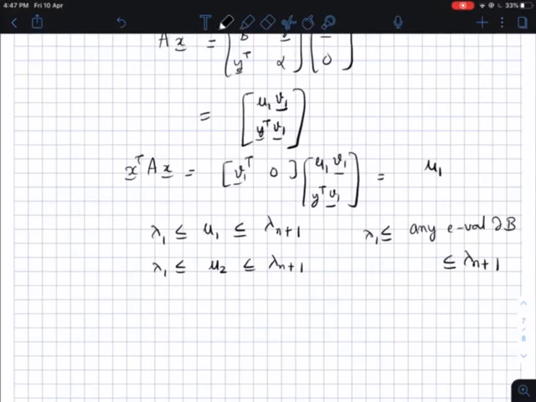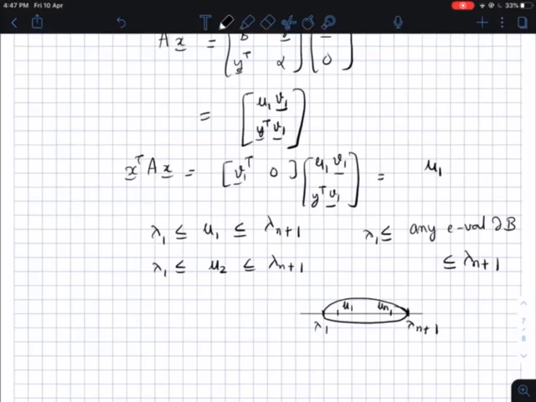If you had to visualize this on the number line, let's say this is your lambda 1 and this is your lambda n plus 1, the smallest eigenvalue and the largest eigenvalue, then all eigenvalues of B are going to be inside this region. So maybe mu1 may be somewhere here, and maybe mu n will be somewhere here.